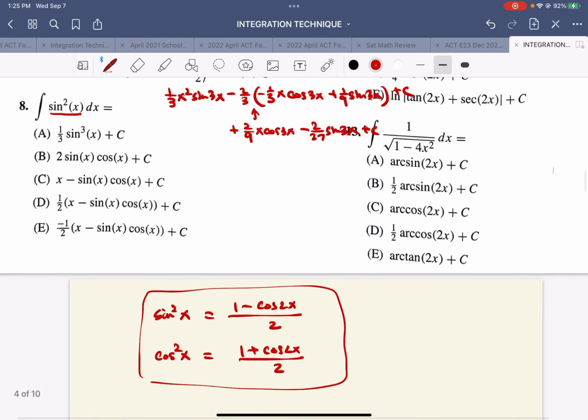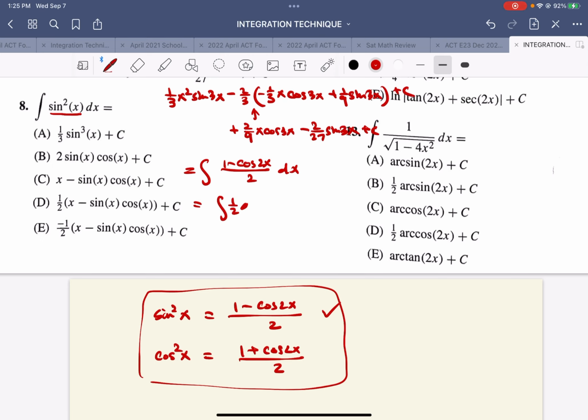Now I'm going to use this one for that. So if you convert that, 1 minus cosine 2x over 2 dx. So 1/2 x and minus 1/4. Okay, maybe split it in case I skip anything.